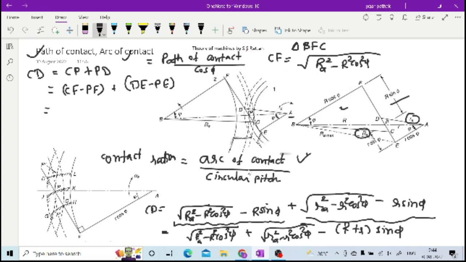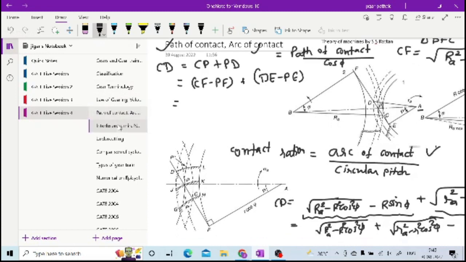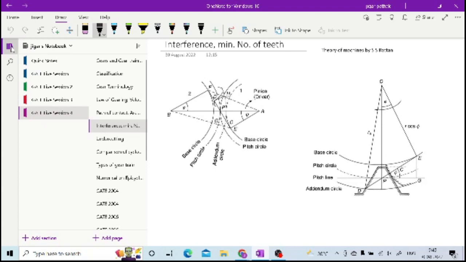Once you divide the total engagement by the circular pitch, it gives you the total number of teeth in contact with each other. So this is how you have path of contact, arc of contact, and contact ratio.